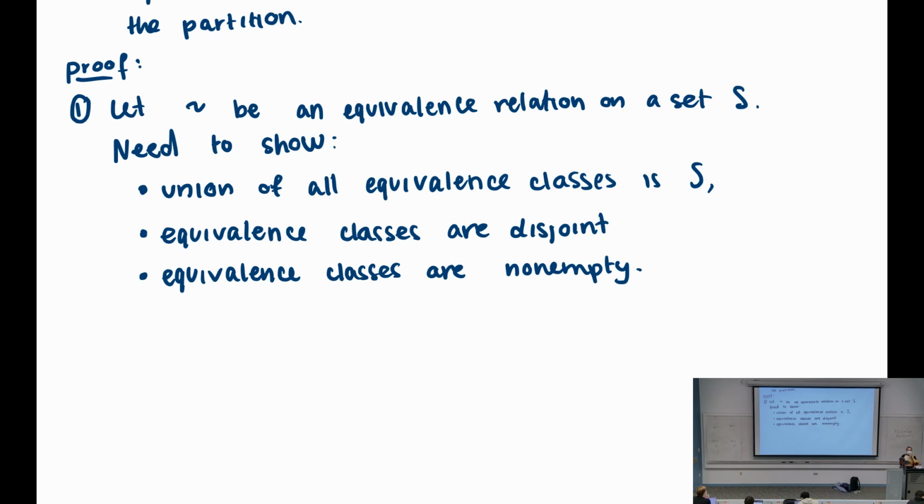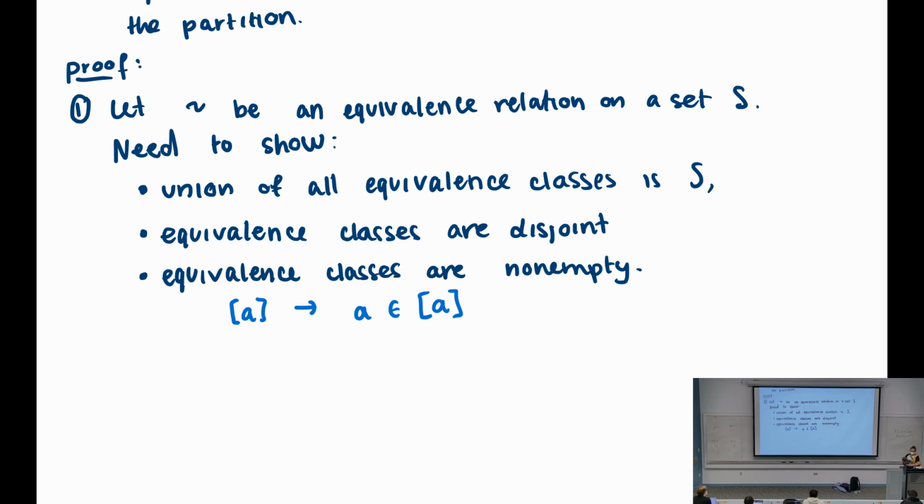You could say that equivalence classes are non-empty because an equivalence class has to be based on some element A, and A has to be in that class since A is equivalent to A. Yeah, so if we're looking at the equivalence class of A, then A will be an element of that equivalence class.